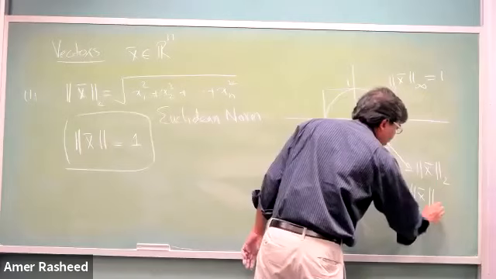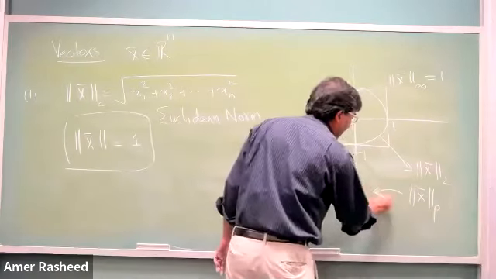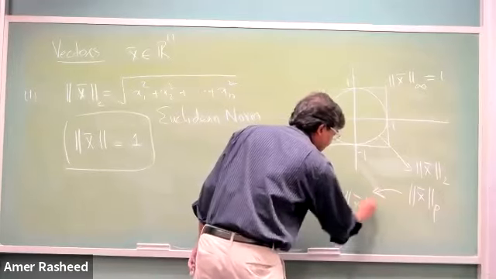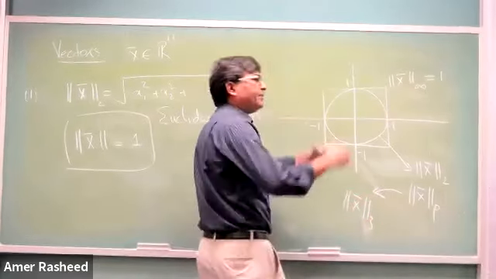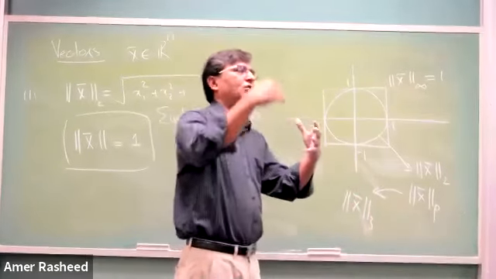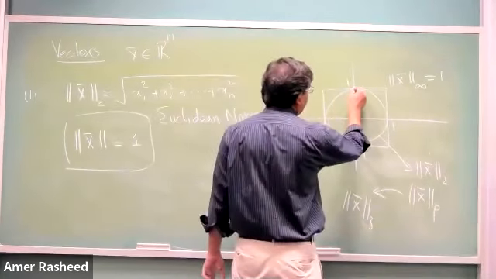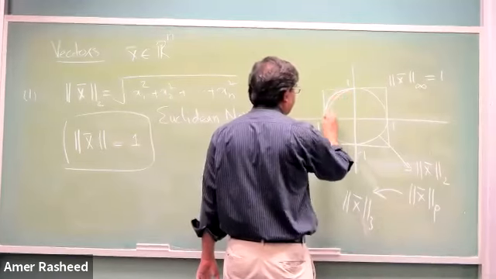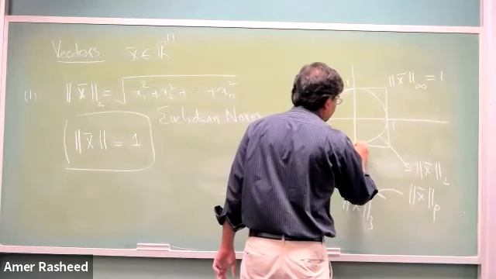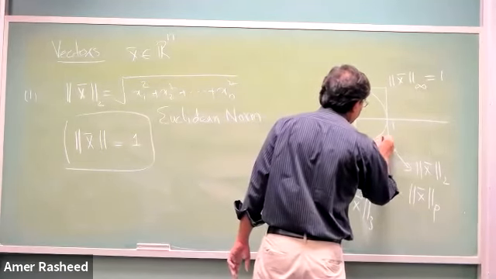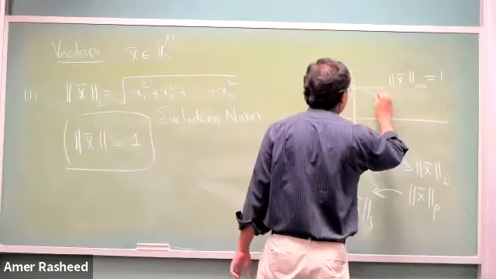Then there are all the other norms, the xp norms. For example, the x3 norm means you take each component's absolute value, cube it, and then take the cube root. It will be slightly different from the circle, kind of elliptic.